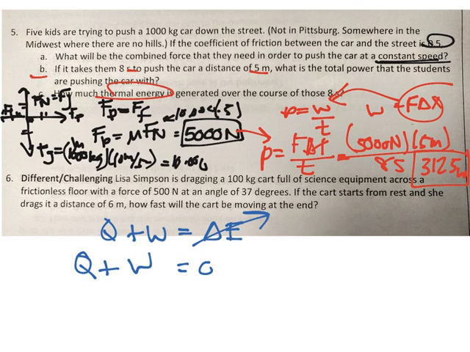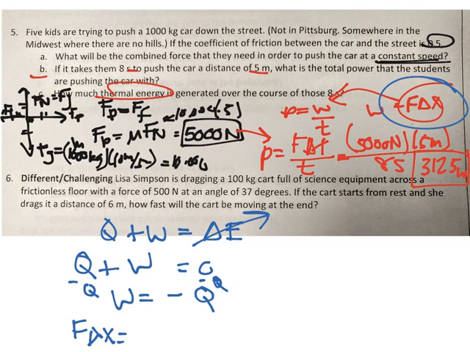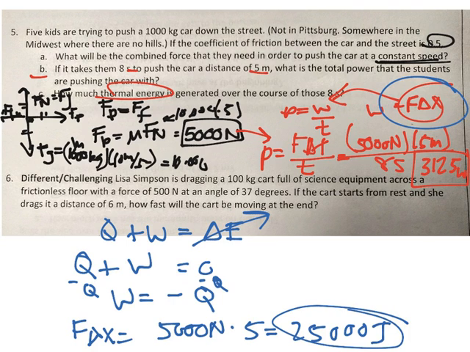So basically what you really want to do is find work. We essentially already found work over here. That's our force times the distance, which is equal to our 5,000 newtons times 5 meters, so 25,000 joules.